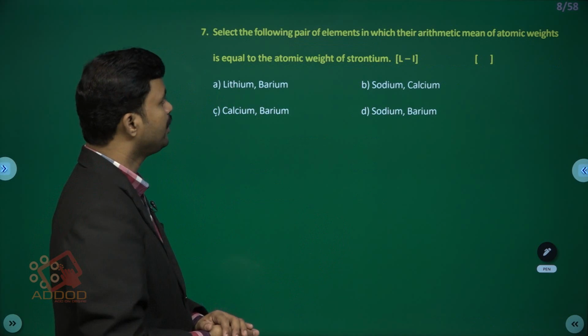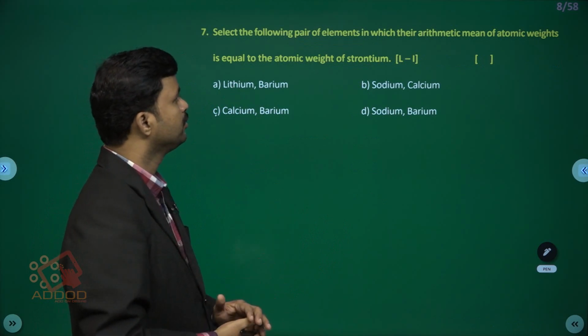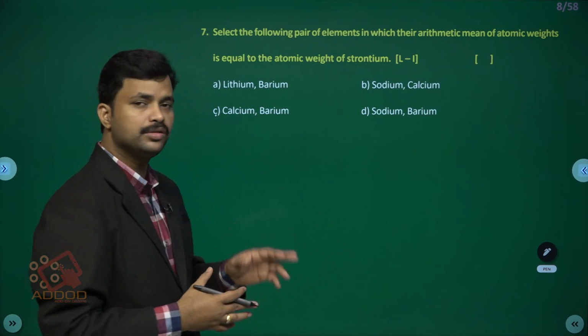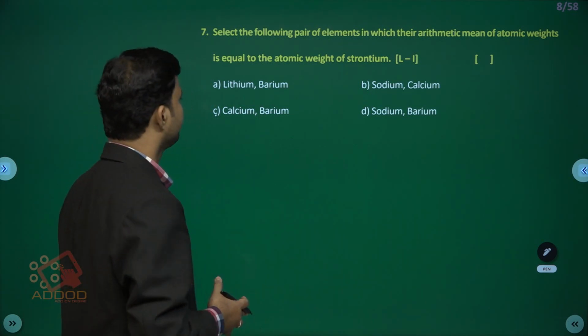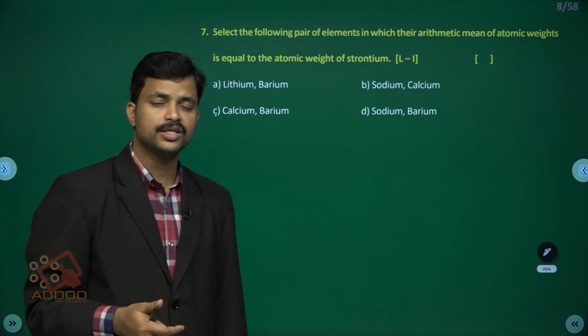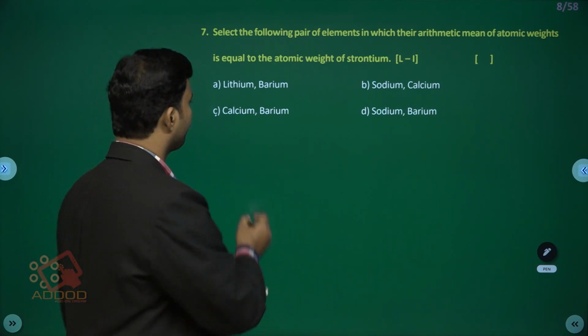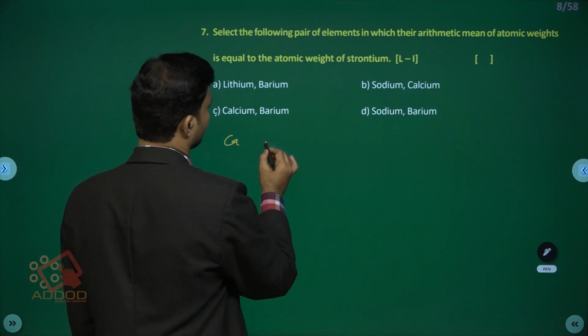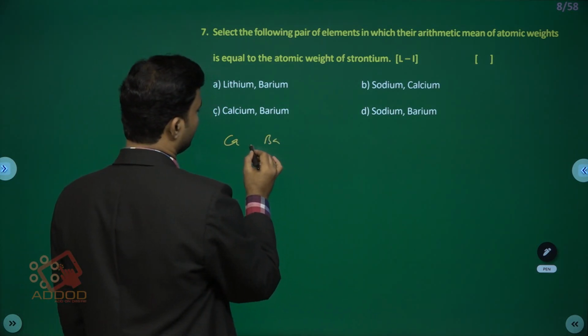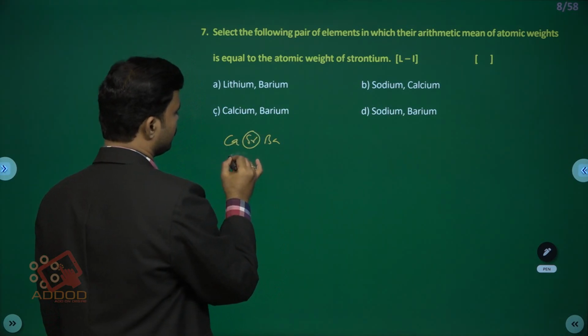Select the pair of elements in which the arithmetic mean of atomic weights is equal to the atomic weight of strontium. Which set is it? That means indirectly they are asking to select the Dobereiner triad. Calcium, barium, with strontium in the middle, right?